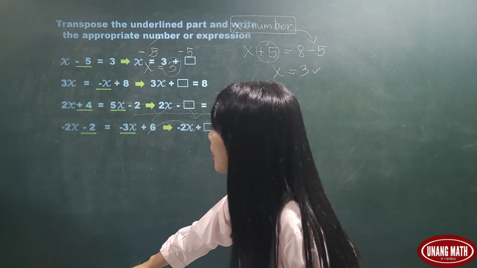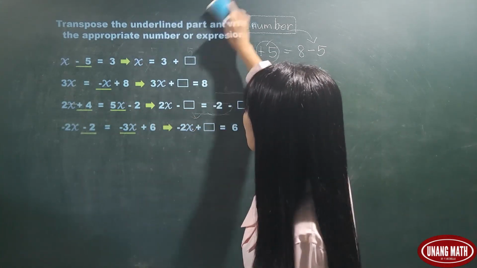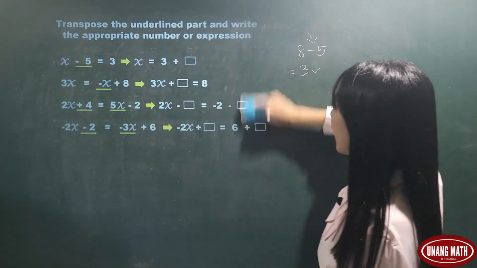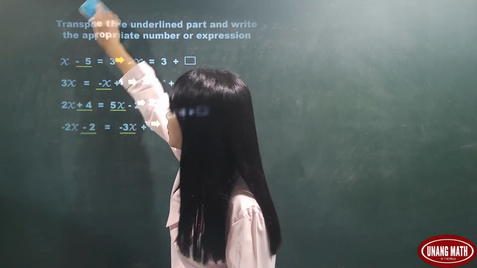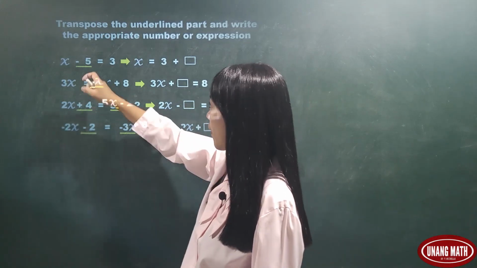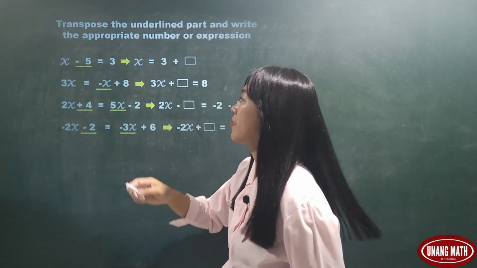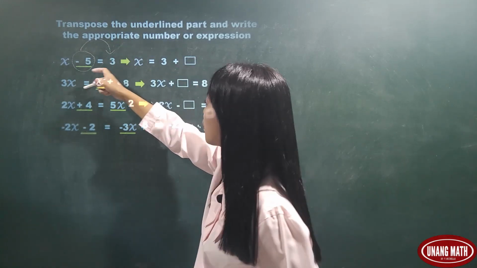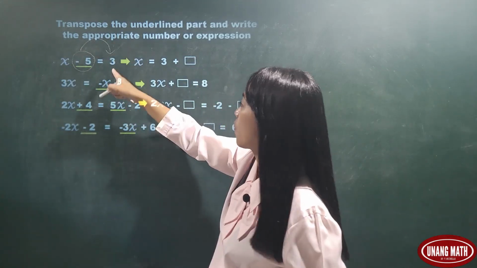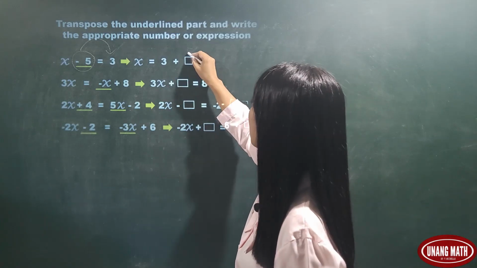Let's give more examples. Transpose the underlined part and write the appropriate number or expression. Okay, first equation. x minus 5 is equal to 3. Transpose negative 5 on the right side of the equation. Since this is negative, when we transpose, it becomes positive.